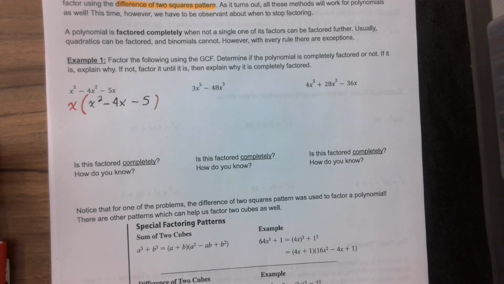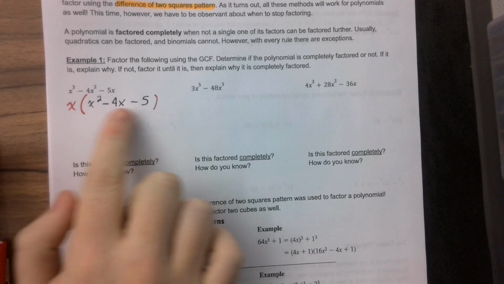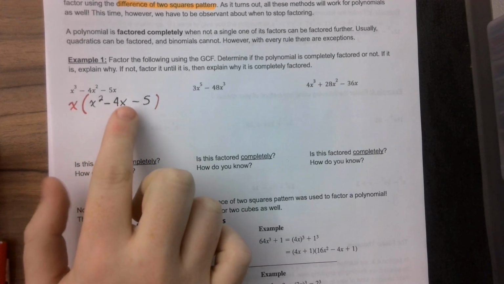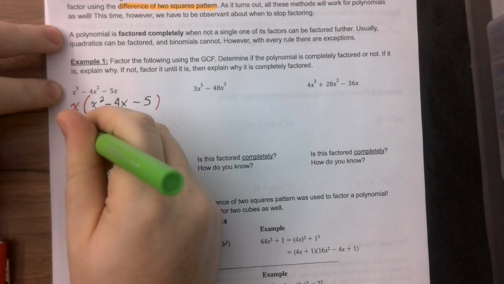Now we need to ask ourselves, are we done? Well, we can't take out a greatest common factor. We can't factor by grouping since there's only 3 terms. Can we factor this using our big X or a combinator? I wonder if we can. Let's see.